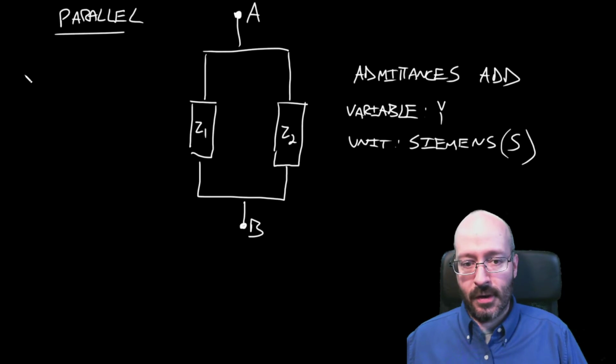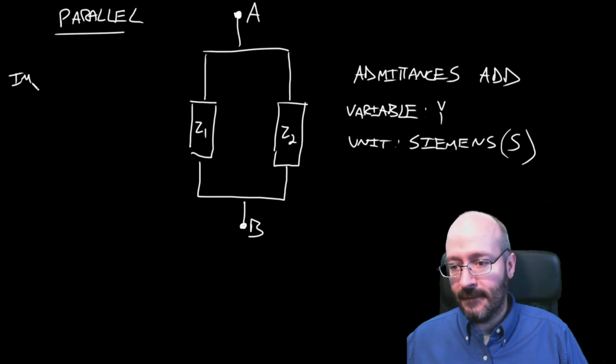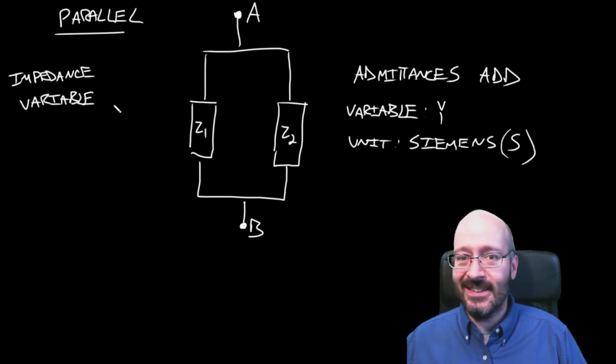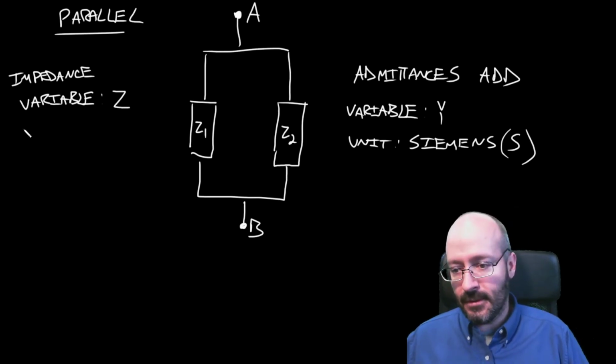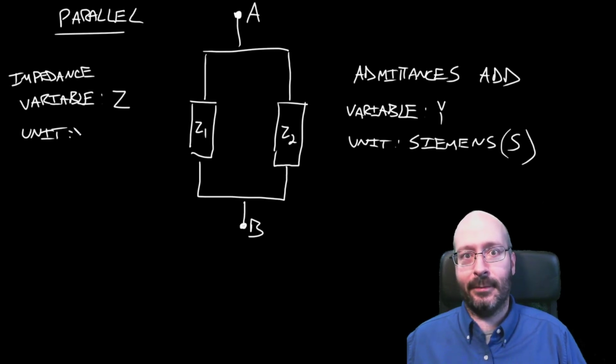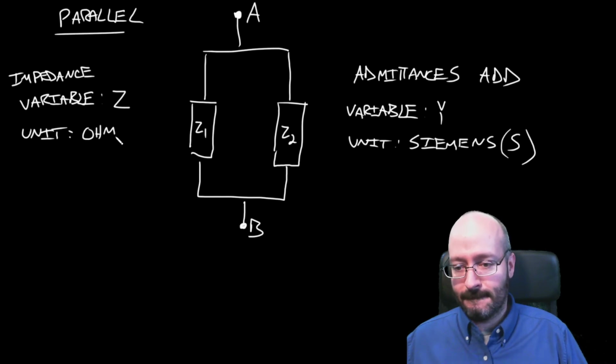Okay, since for impedance, not sure I've said this yet, impedance, the variable is Z, if you didn't figure that one out. And since it's volts over amps, the unit is ohms.